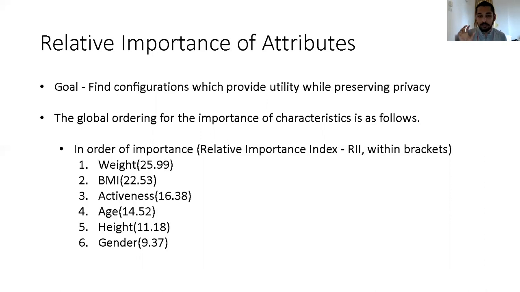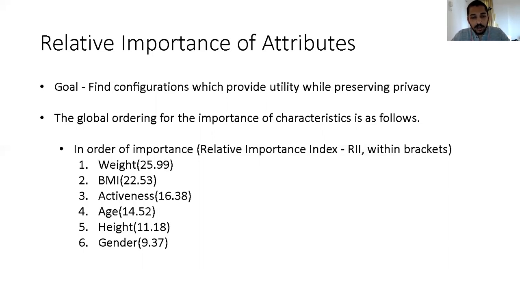In order to do that, first we need to understand which of the characteristics is perceived to be more important to a person. So this result down here is from the survey we did to get that understanding.